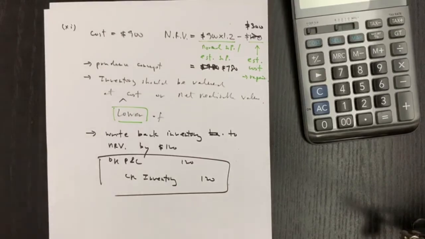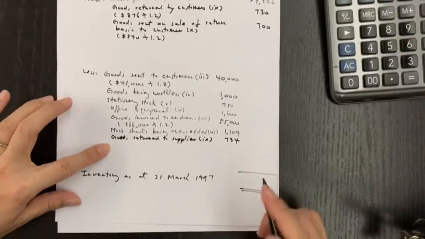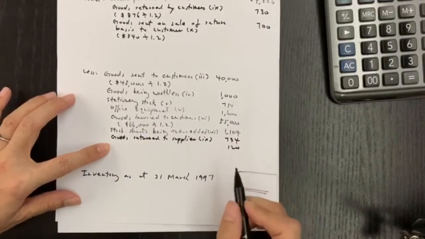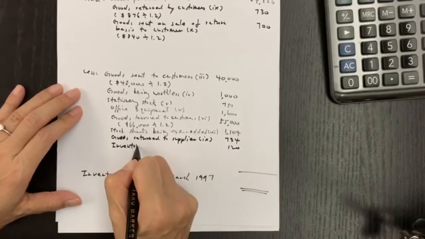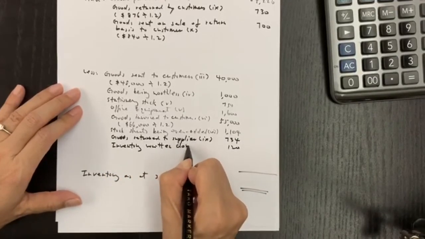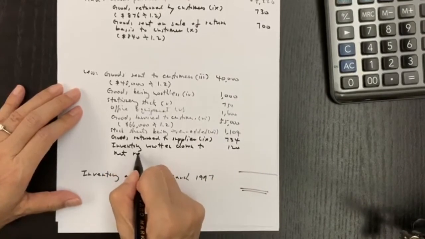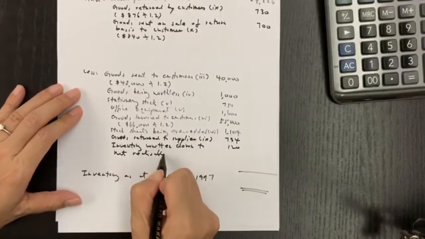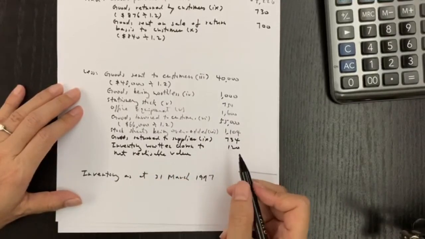So here is my statement: minus 120, which is inventory written down to net realizable value, and this is the last point.